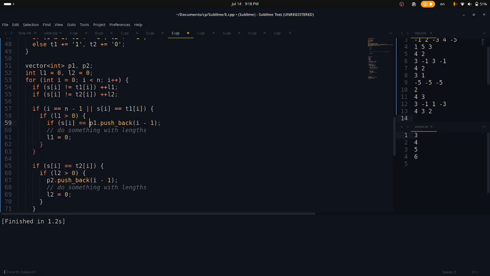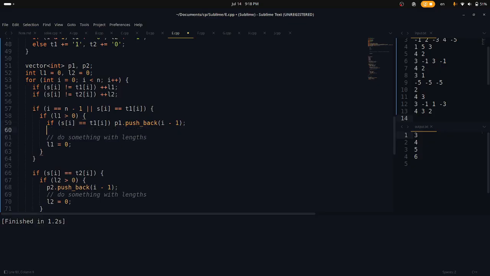Like s of i equals t1 of i. If they are equal, then we do this, else push back.